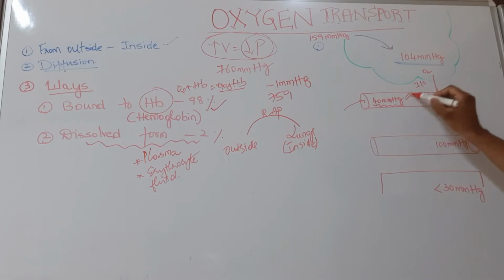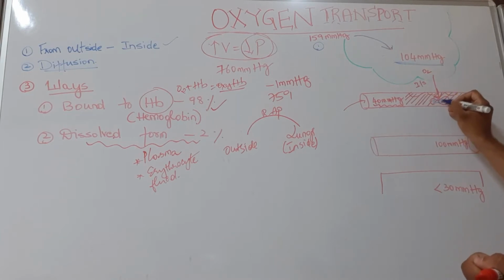Here, it can get dissolved in the watery portion of the blood, that is the plasma. However, the majority of the oxygen goes inside the RBCs. Inside the RBC, the oxygen will bind with the hemoglobin molecule. Hemoglobin is always present inside the RBC only.